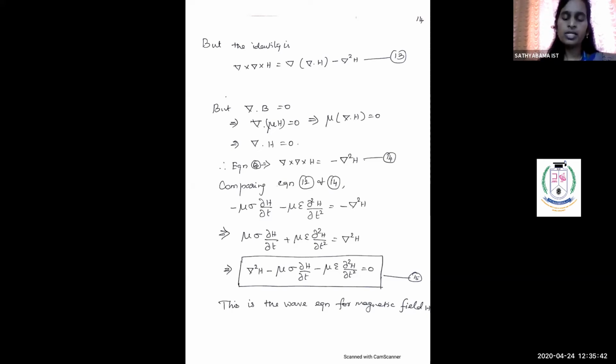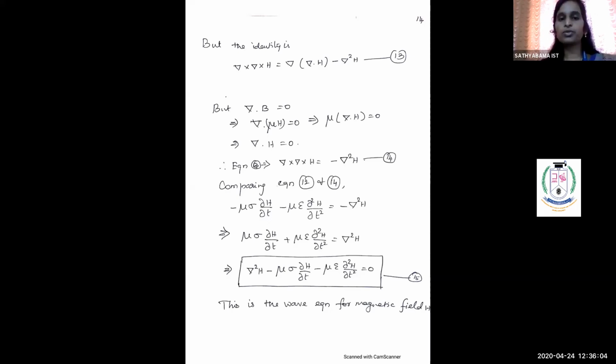So till now we have seen the wave equation for electric field and magnetic field. Next we are going to see the wave equation for free space. The wave equation for free space will be derived from these two equations that we have derived, that is, the wave equation for electric field and the wave equation for magnetic field.